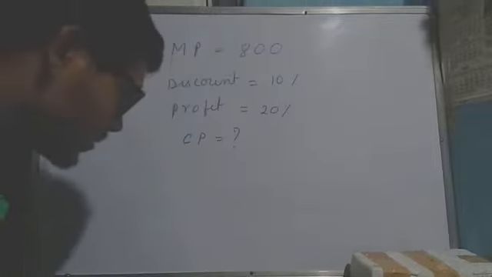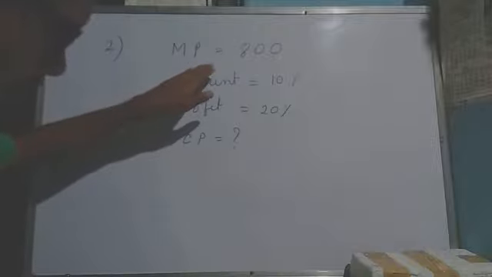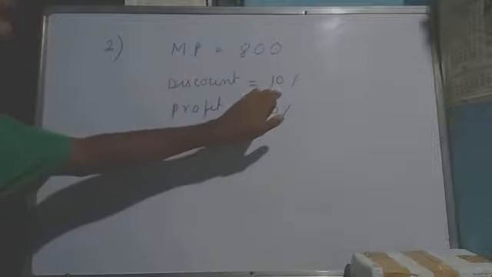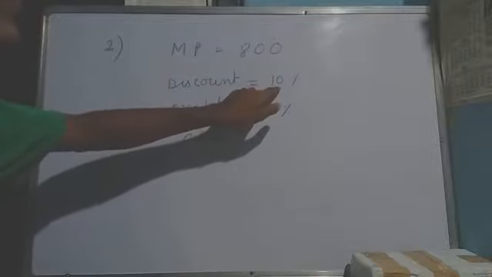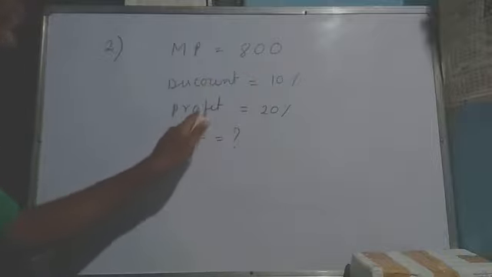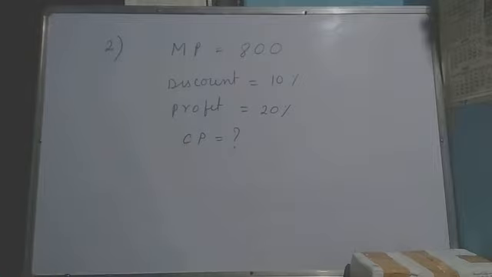Now in question number 2, the market price of a product is given as 800 and the shopkeeper allowed a discount of 10%. See, after allowing the 10% discount, the shopkeeper is still making 20% profit. So here we have to calculate the selling price and CP.